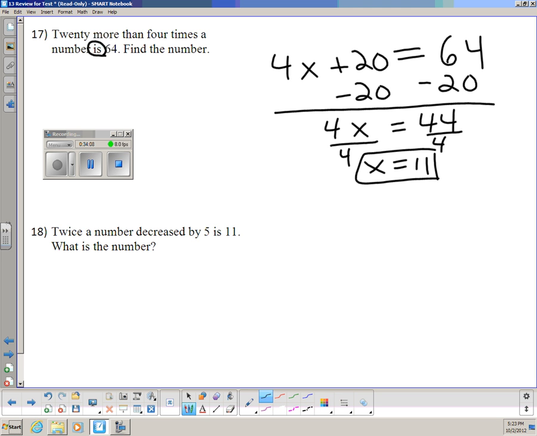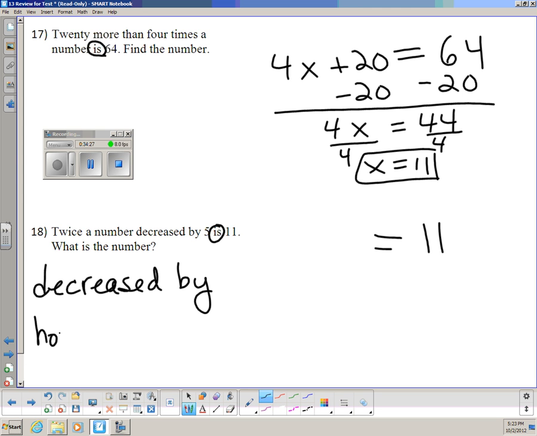That was a good one. Number 18. Twice a number decreased by 5 is 11. Is the equal sign. 11 comes after. Twice a number decreased by 5. Decreased by gets translated how you read it.